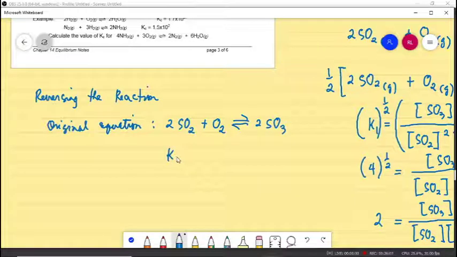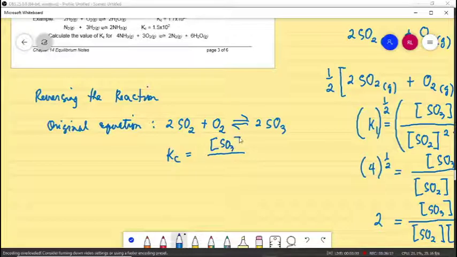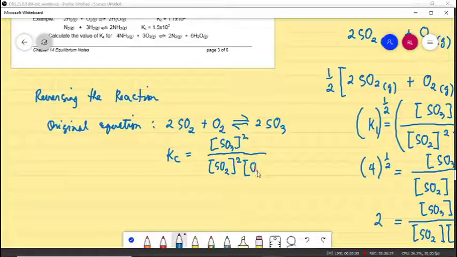The equilibrium expression is K sub C equals the concentration of sulfur trioxide raised to the power of 2 divided by the concentration of sulfur dioxide raised to the power of 2 times the concentration of oxygen gas.